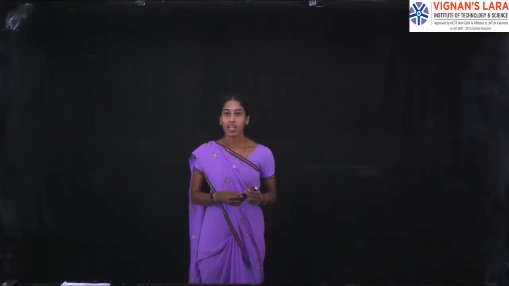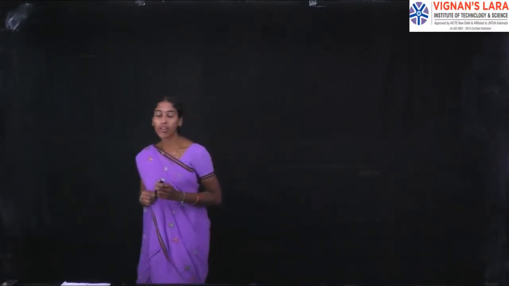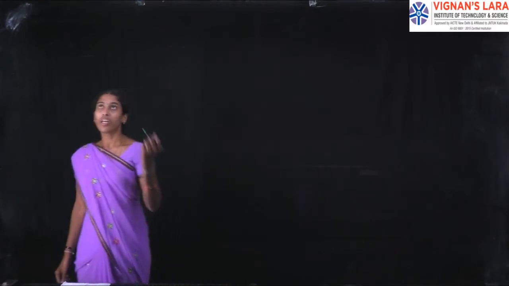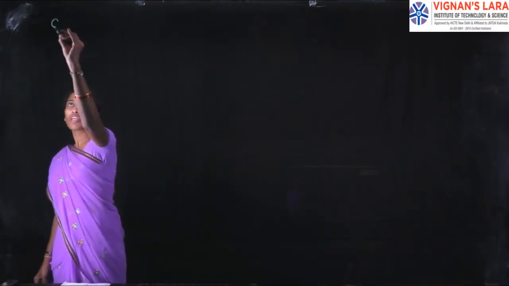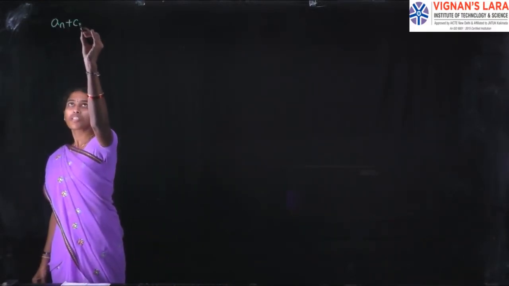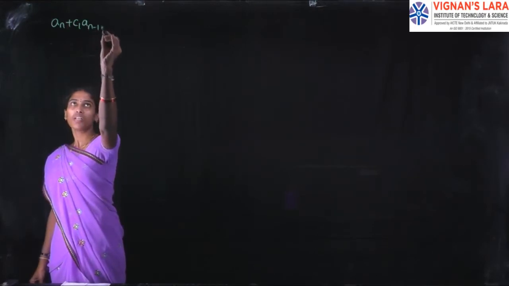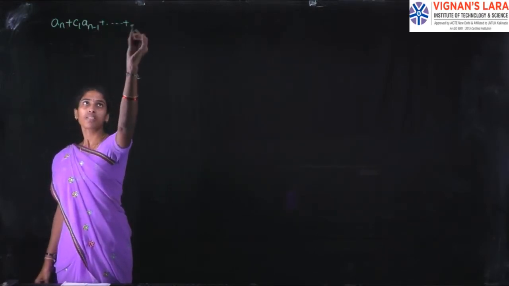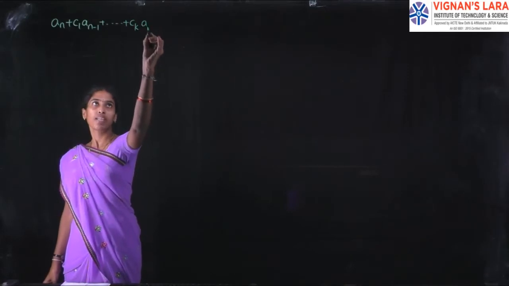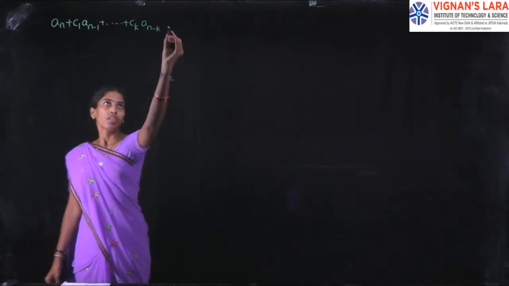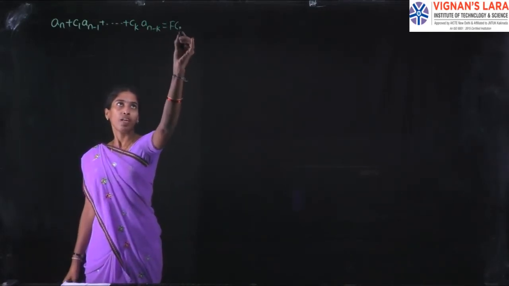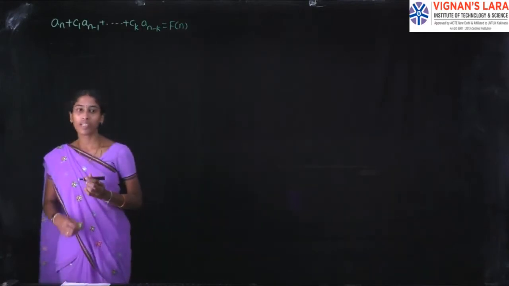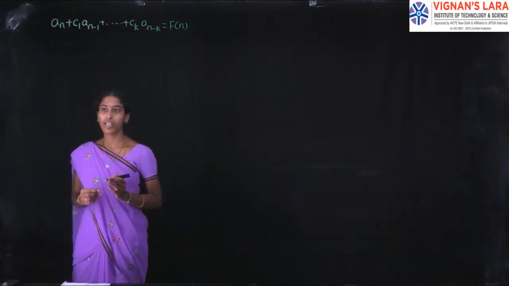Right, in the last class, we have seen the definition of recurrence relation. A recurrence relation is of the form a_n + c1 a_(n-1) + and so on + ck a_(n-k) = f(n).